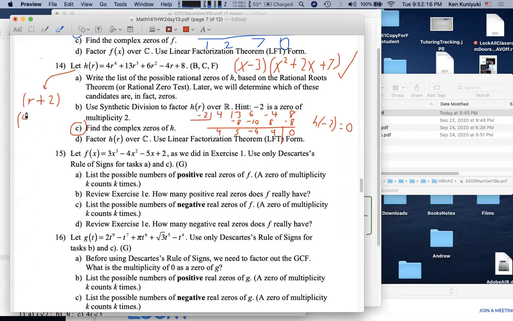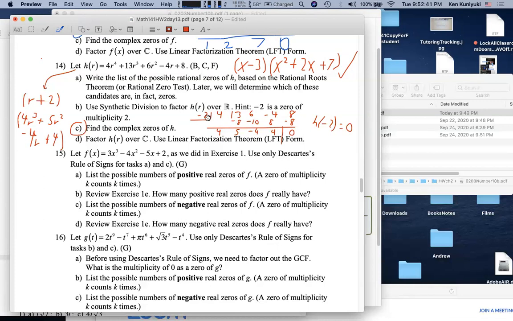So we have 4r cubed plus 5r squared minus 4r plus 4.